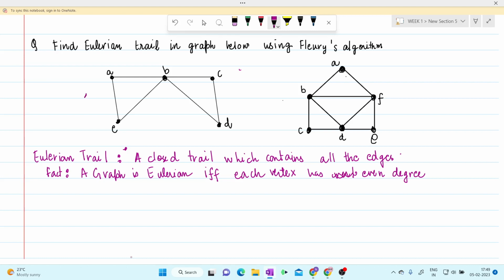So this is my graph 1. First I'll recall the algorithm for finding an Eulerian trail.